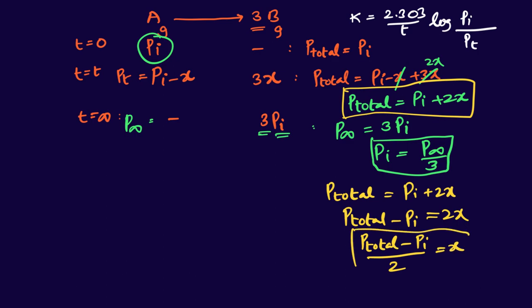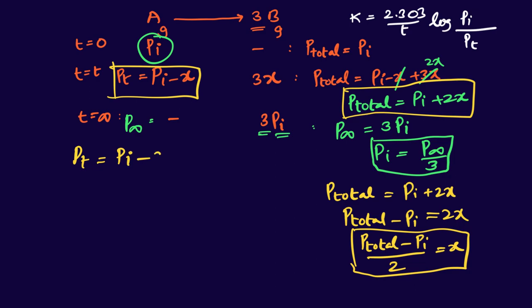This is x, and substitute in this equation. Pressure at t time is equal to Pi minus x. Pressure at t time is equal to Pi minus this x, which is P total minus Pi divided by 2.